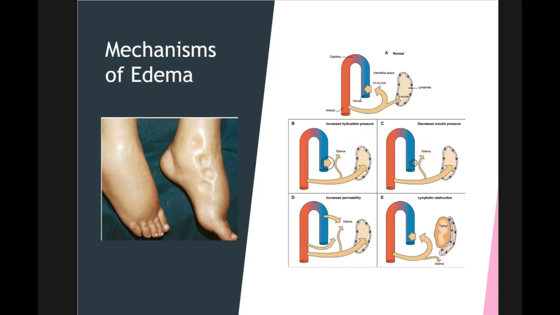So think about it like this. When sodium ions are retained, they promote the accumulation of fluid in the interstitial compartment. And this is because they increase the osmotic pressure there in the interstitial space.